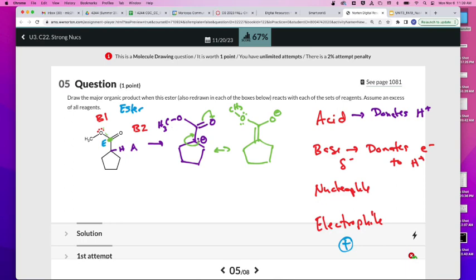So when we look at an ester functional group, we should see the potential for two base sites. As we talked about, were both of those base sites equally basic? Nope. We said the carbonyl oxygen was the most basic, which means we could probably eliminate the other from our reactivity. We talked about the carbonyl carbon being an electrophile. We talked about the alpha hydrogen being acidic.